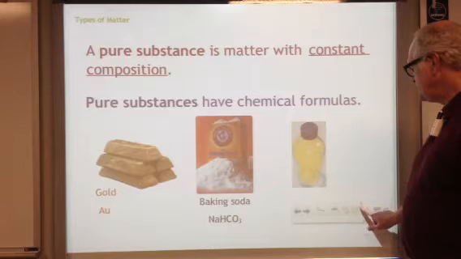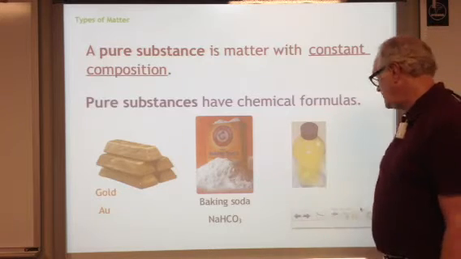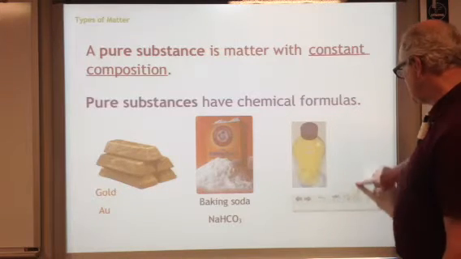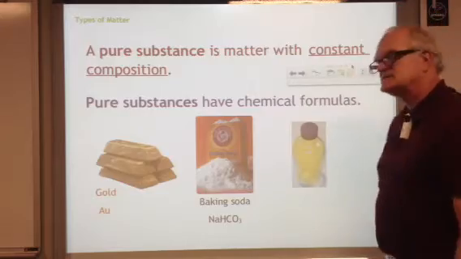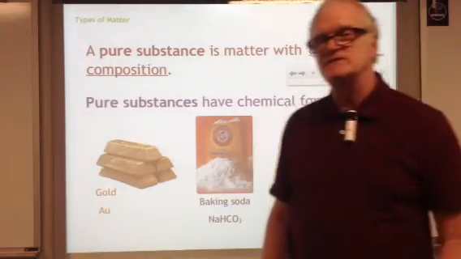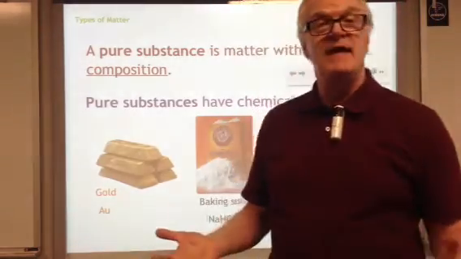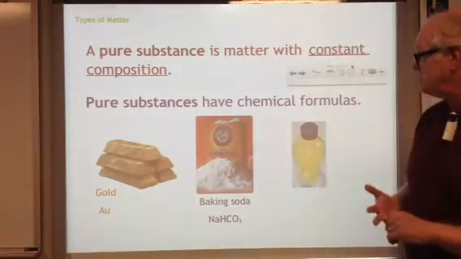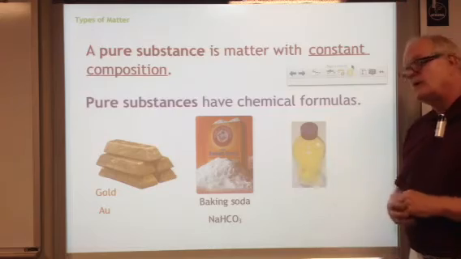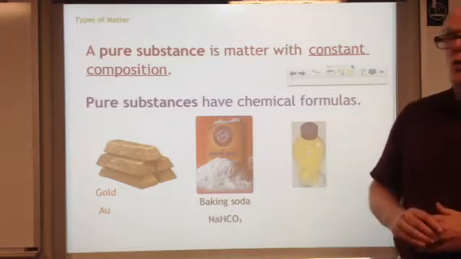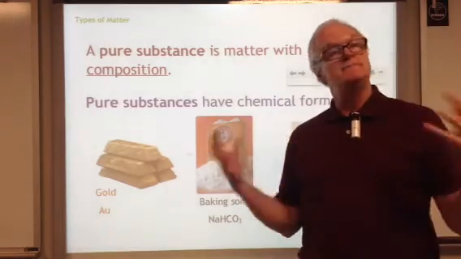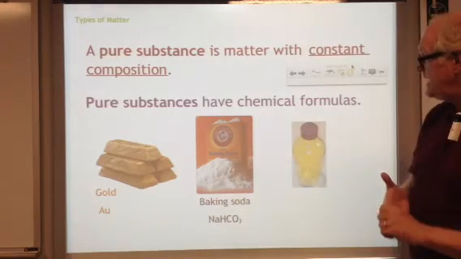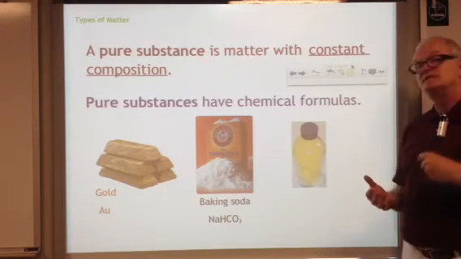Here's an example of something that you probably have not handled. This is a bottle that contains chlorine gas. Chlorine gas is hazardous, but it is used to make many of the things that we use every day and buy every day. So if we had chlorine gas in a container like this, or if we were at a factory that had a big tank full of chlorine gas, the chlorine gas would be the same.